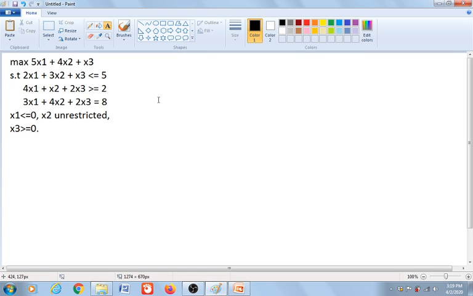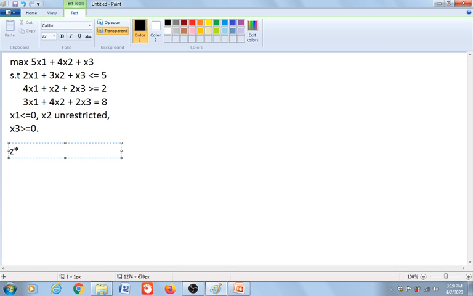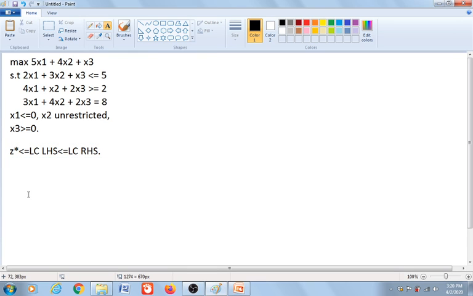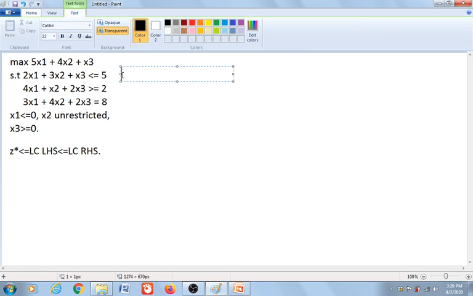So it is a max problem, and remember the weak duality theorem for the max problem: z star is less than or equal to the linear combination of the left hand side, and it is less than or equal to the linear combination of the right hand side. So we will multiply each constraint by w1, w2, and w3.